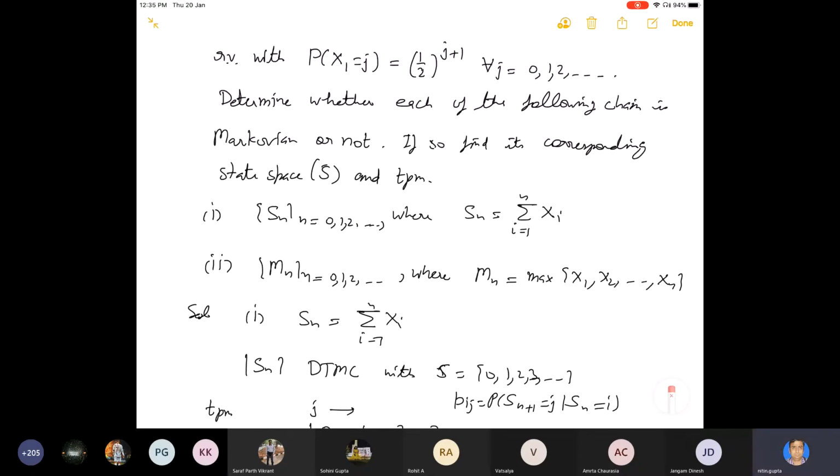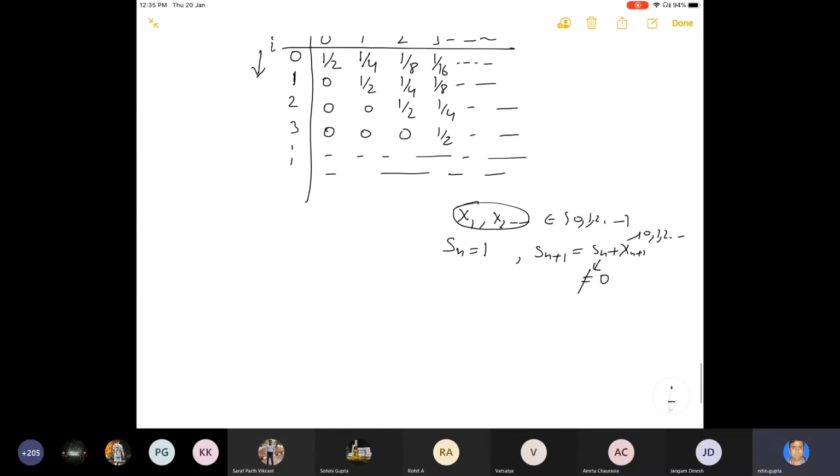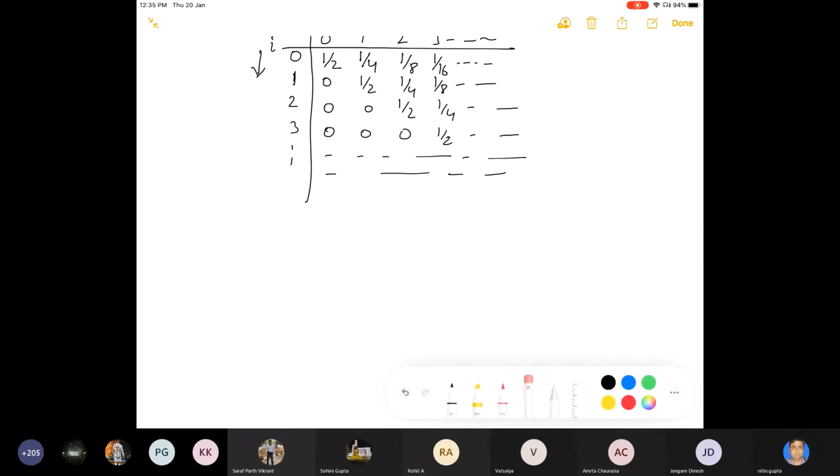Now, in the same fashion, you can do the second part also. Let me give you the answer. For the second part, the state space is 0, 1, 2, 3 and so on.